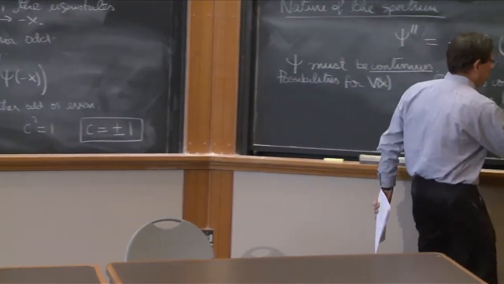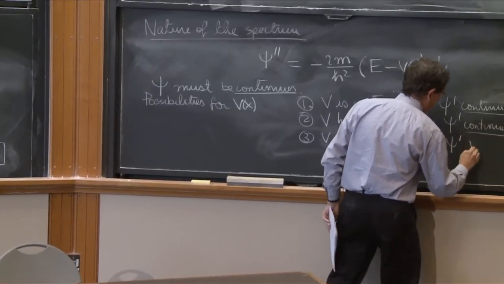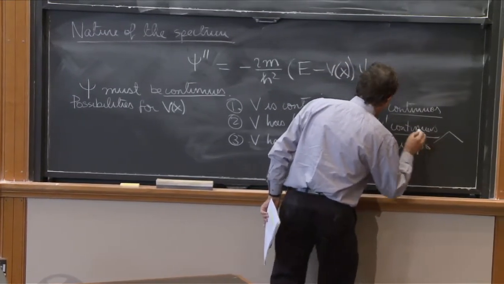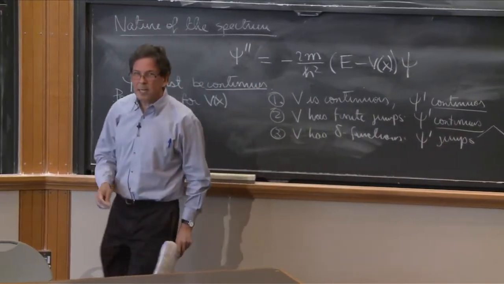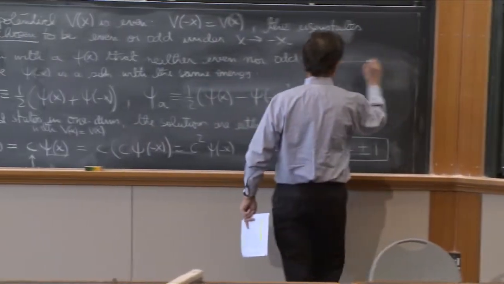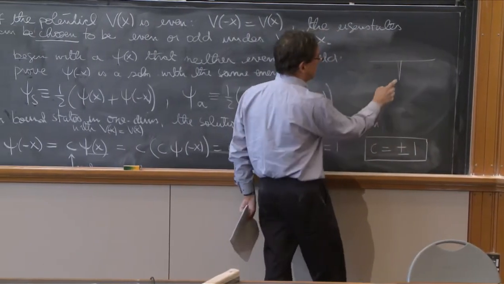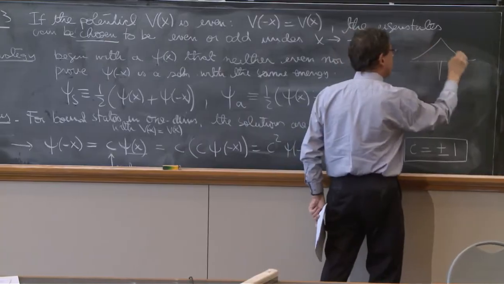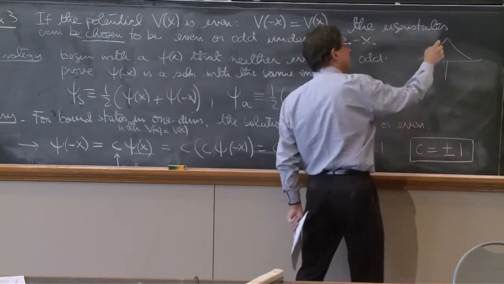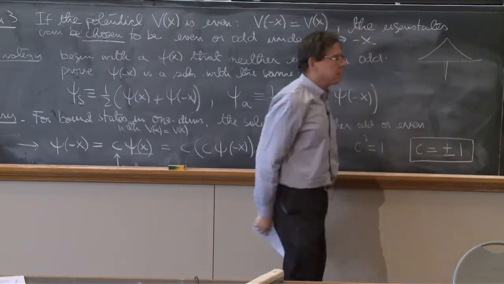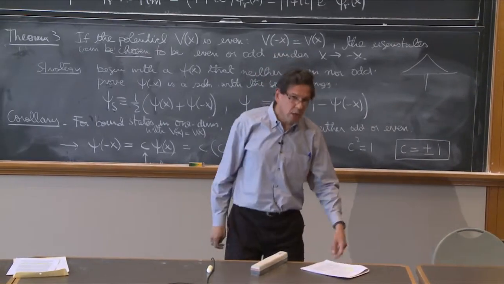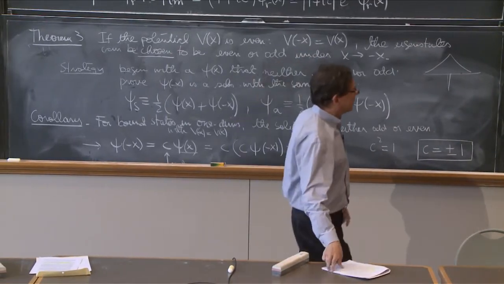Psi prime is not continuous. Psi prime jumps. This may be reminiscent to you whenever you had to solve the problem of a bound state of a delta function. You got a wave function that looked like this, in which psi prime jumps. And it has to jump because psi double prime has a delta function.